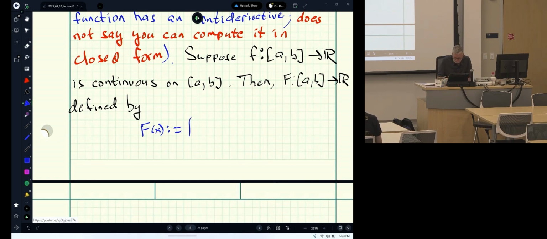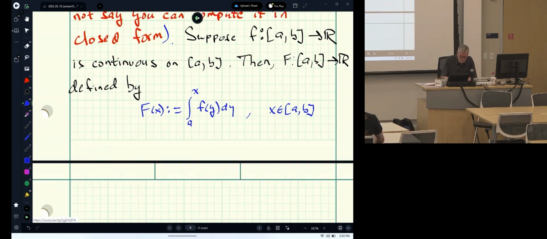We define it as the integral from a to x of f of y dy, for x's in the domain of definition of the function. Because the function is continuous and [a, b] is bounded, x is in there, so [a, x] is bounded, that Riemann integral exists. So there's no doubt about that Riemann integral. You can always assign a value to it. So capital F of x is a well-defined function.